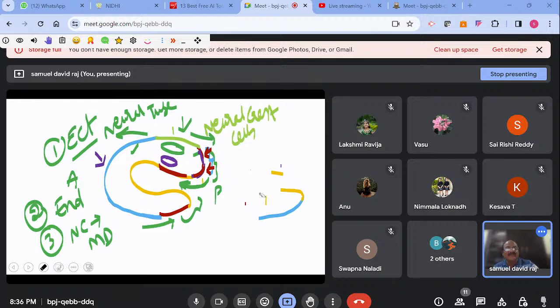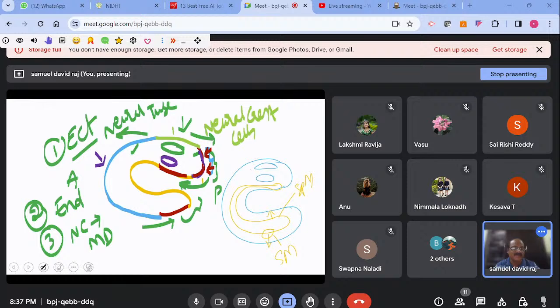Thus, at the end of gastrulation, we see an ectoderm, a neural tube, a notochord, an endoderm, and a mesoderm with two layers. One towards the ectoderm, the other towards the endoderm. And this is called somatic mesoderm, and this is called splanchnic mesoderm.